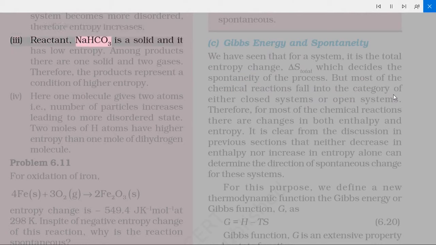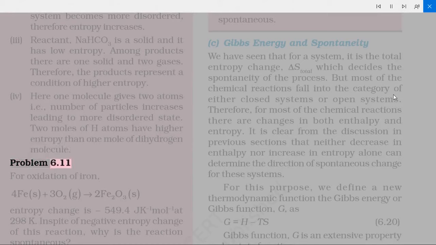Reactant Na2CO3 is a solid and it has low entropy. Among products there are 1 solid and 2 gases. Therefore, the products represent a condition of higher entropy. 4. Here one molecule gives 2 atoms, i.e., number of particles increases leading to more disordered state. 2 moles of H atoms have higher entropy than 1 mole of the hydrogen molecule.